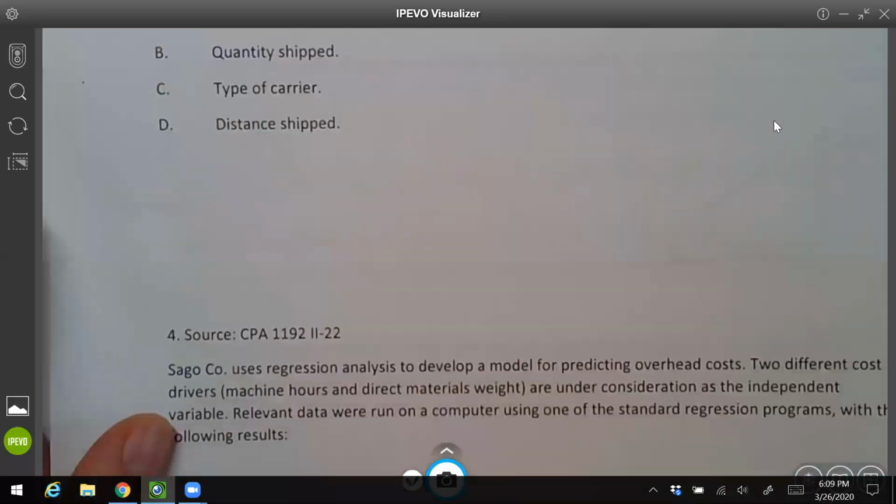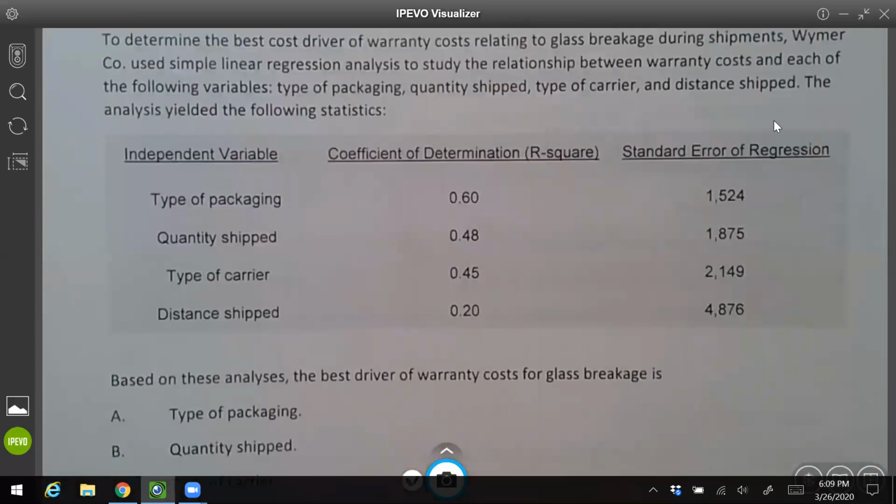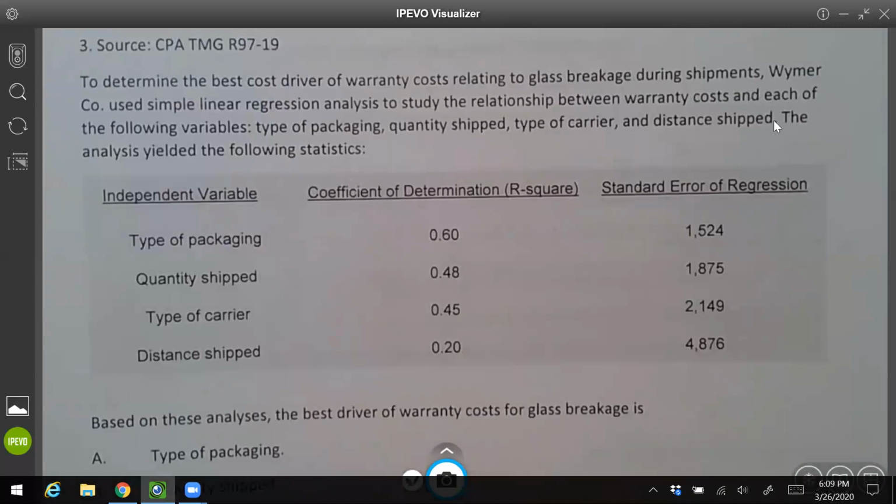Okay, next one. Another type of question I may ask you on the exam is how do we pick the best model? You have all these cost drivers, and we need to decide which will be used for our regression.